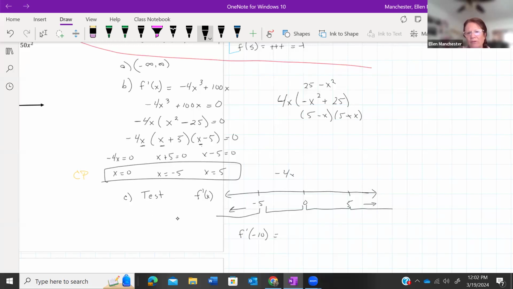So remember, I'm placing it there, there, and there. Okay, so negative 4 times negative 10 is positive. Negative 10 plus 5 is negative. And negative 10 minus 5 is also negative. So that whole interval is positive. So it's going to go up.